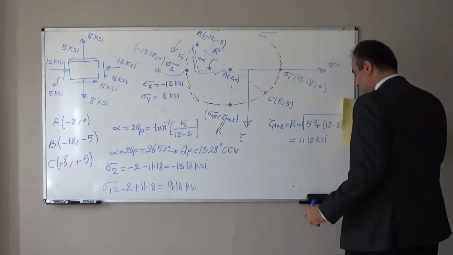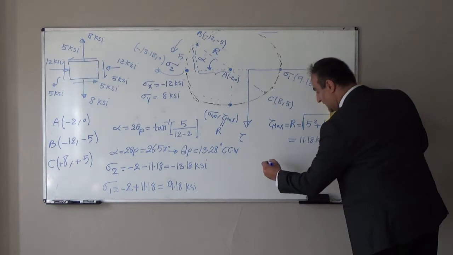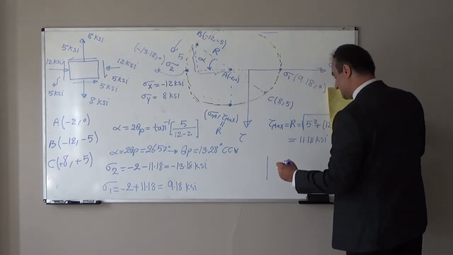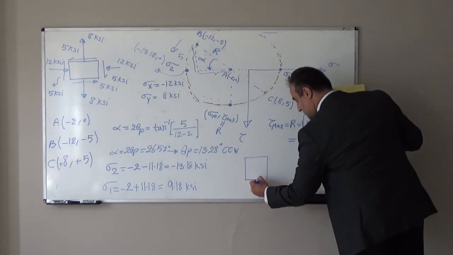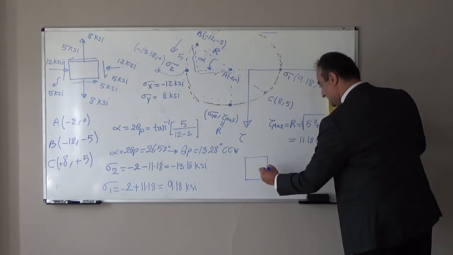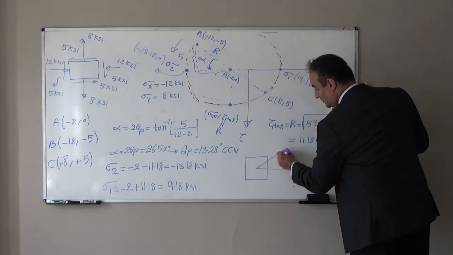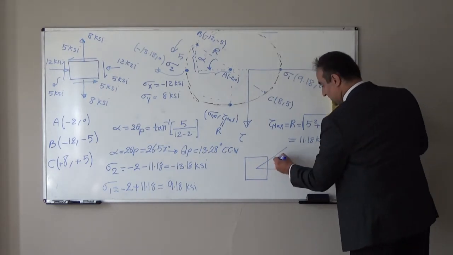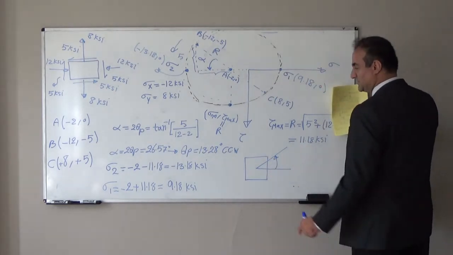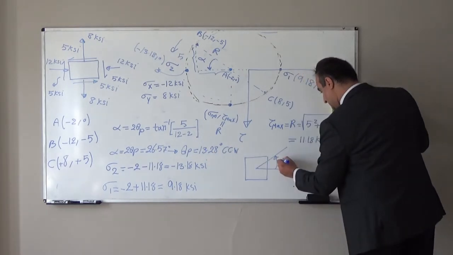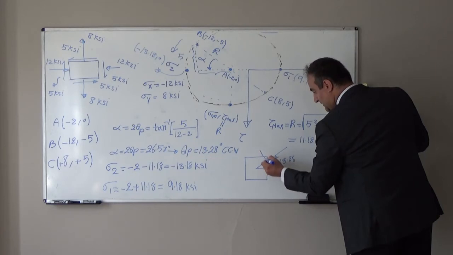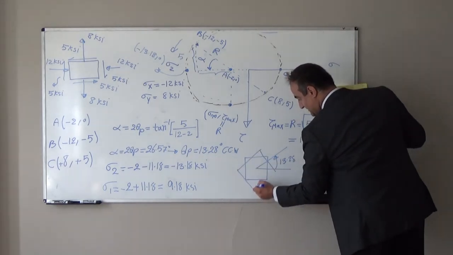Now let's look at the element. If we have this element, the initial position, we have that element, and this is the x direction. If we rotate by theta p equal to 13.28 degrees, we show the element like this.